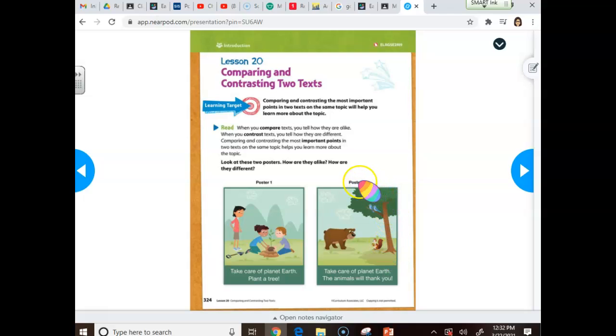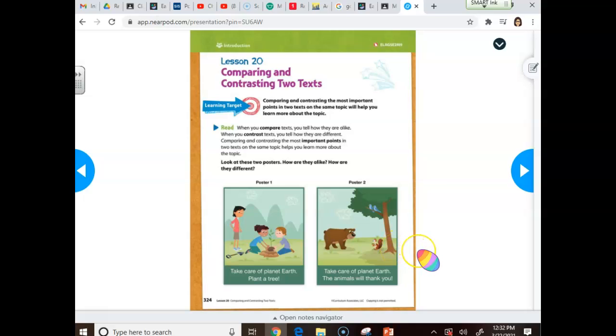All right, now, how are they different? This one shows people planting a tree, and this one is animals and the ways that they appreciate what we do to take care of the earth. That's right.